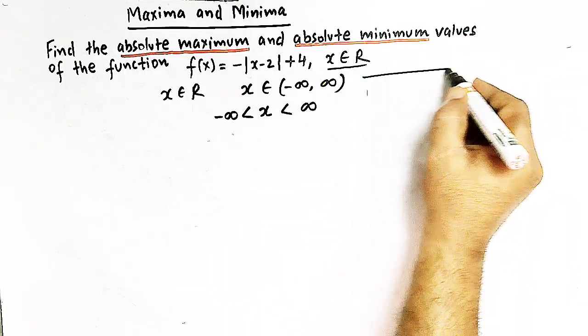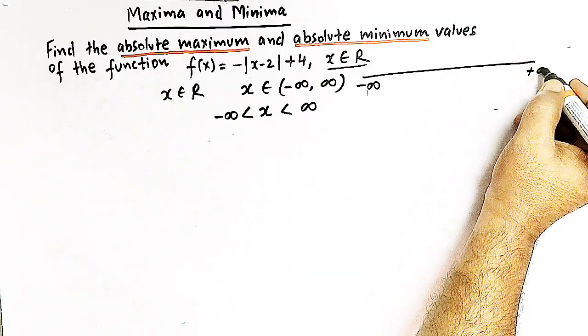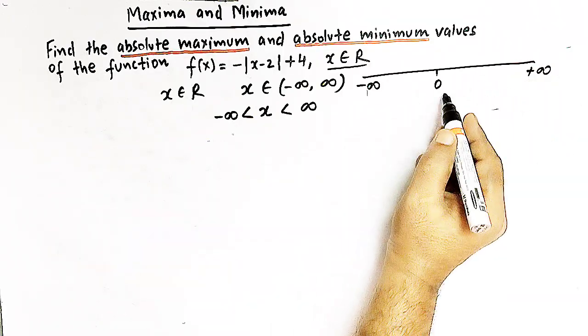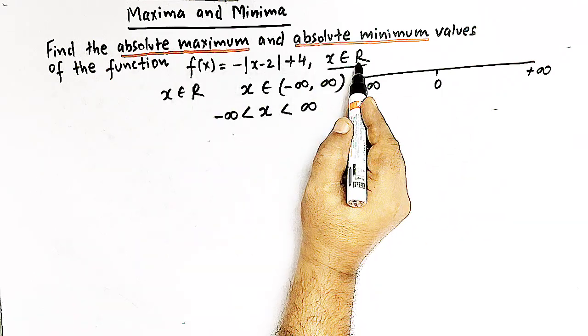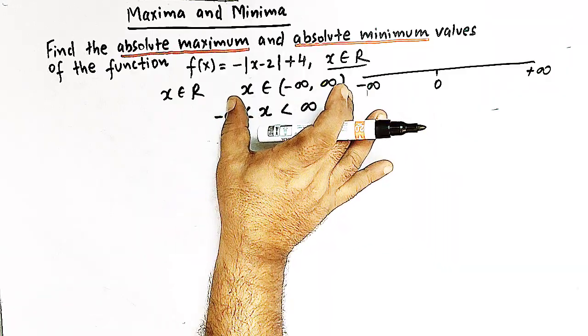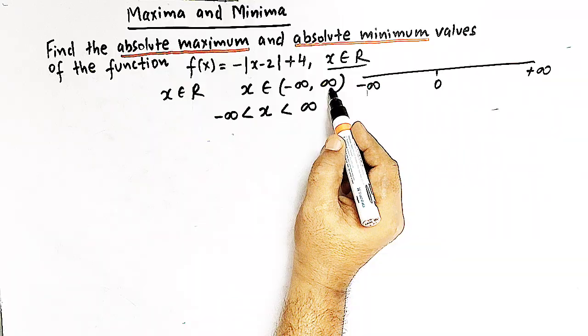So here we have the real number line, here we have minus infinity, here we have plus infinity, and here we have say 0, right? So the domain of this function is the set of all real numbers, and x belongs to R can also be written like this: x belongs to negative infinity to infinity.